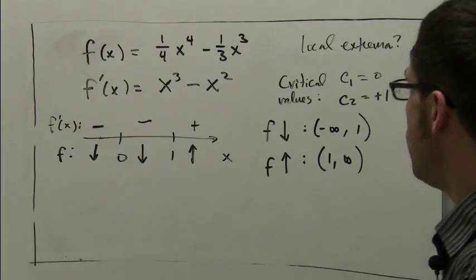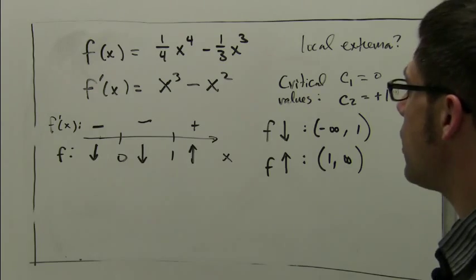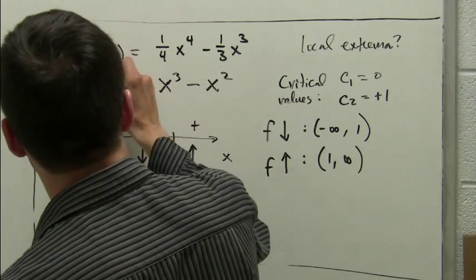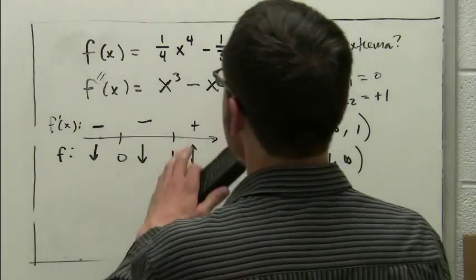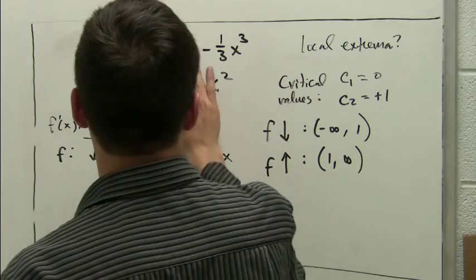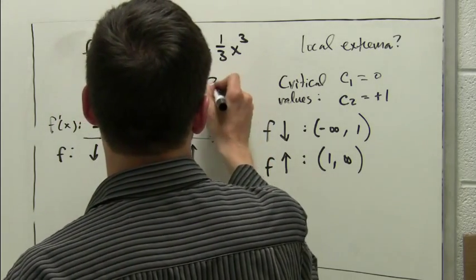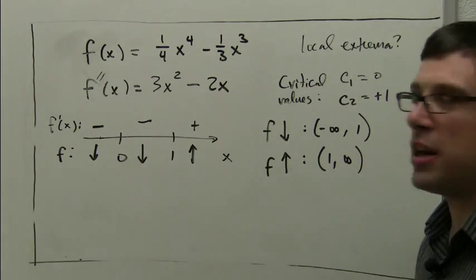Okay, so we know this is the behavior of the function. Let's go ahead and take the second derivative and test the second derivative function. So the second derivative is the derivative of the derivative, and you're going to get 3x squared minus 2x, if I take the derivative of what we just had up there a minute ago.